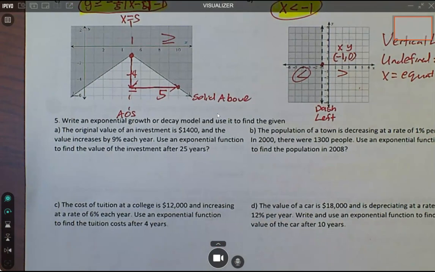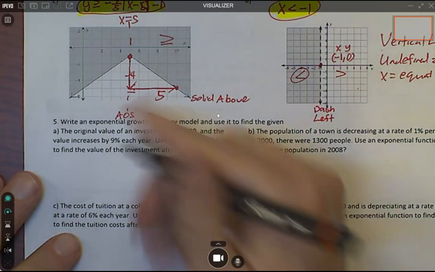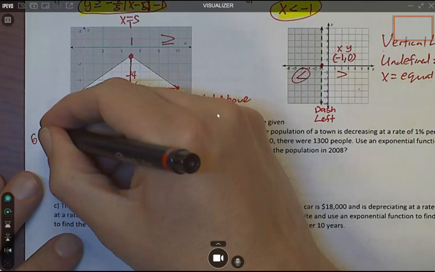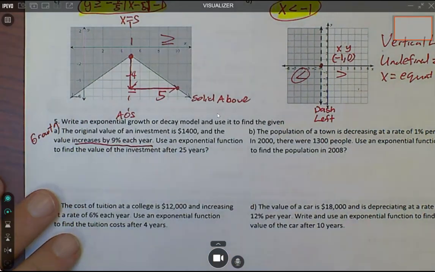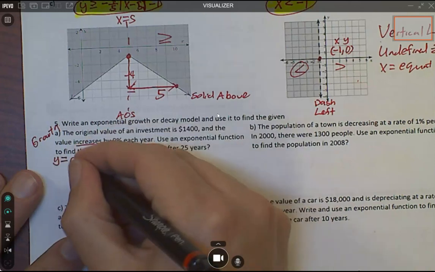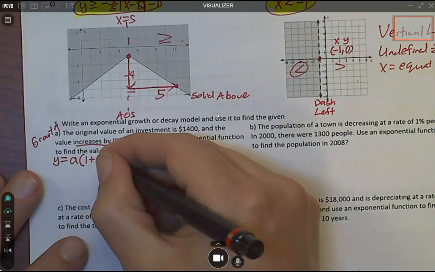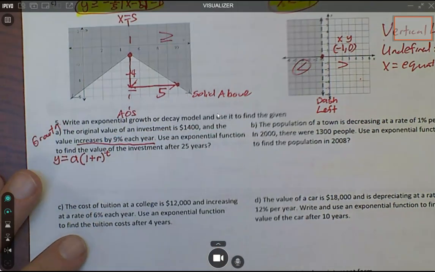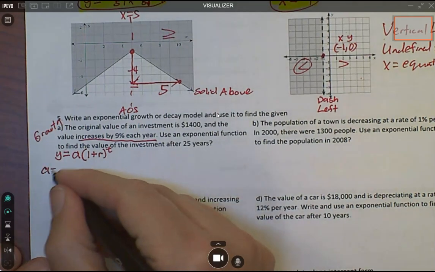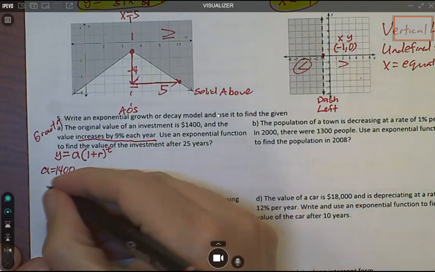Knowing whether it's growth or decay is kind of important. Okay, increases, so this is growth. The only way to get you used to the formula is to write it. So A is the initial amount like we've been doing. You do 1 plus R to the T power. A is the initial amount, 1400. R has to be a decimal.